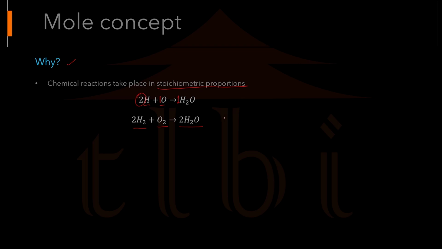Let me give you another example. Let's say you have a glucose molecule, and when it is completely oxidized in presence of oxygen, it forms 6 molecules of carbon dioxide and 6 molecules of water, right?